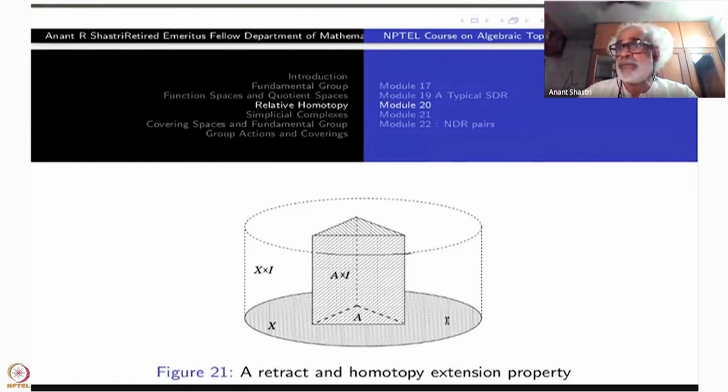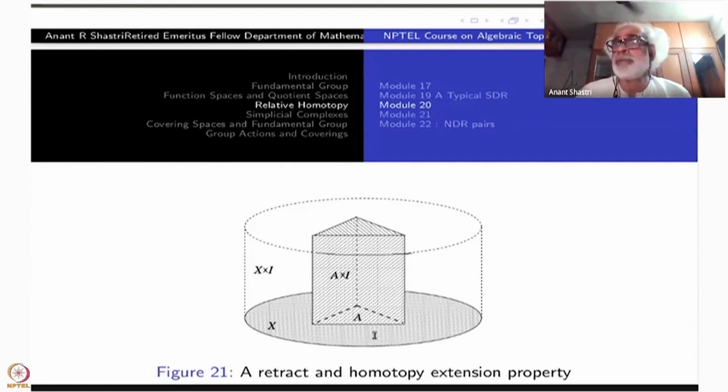This is a strong deformation retract of the entire X cross I. The hypothesis is that the inclusion A to X must be a cofibration. The stronger conclusion is that this is if and only if. So that is a fantastic conclusion.